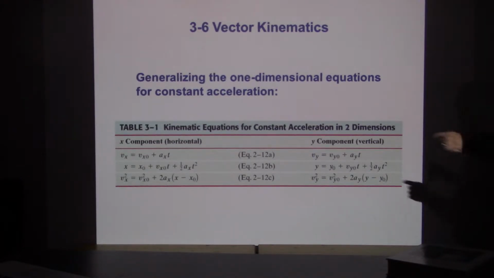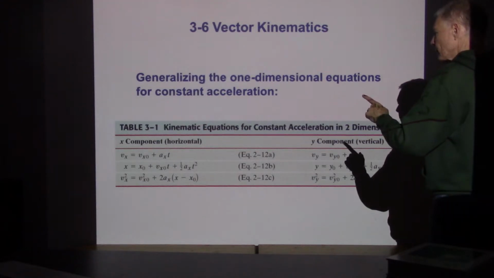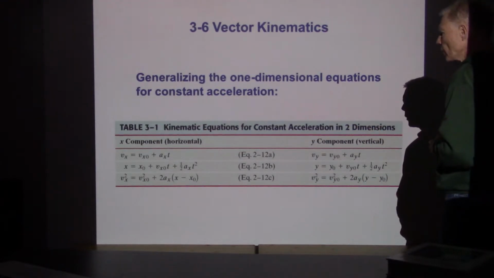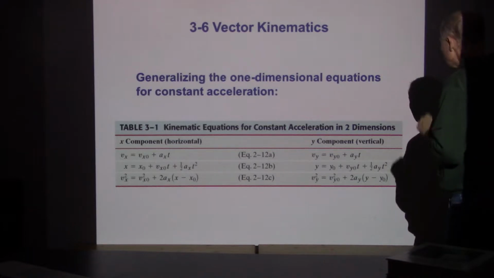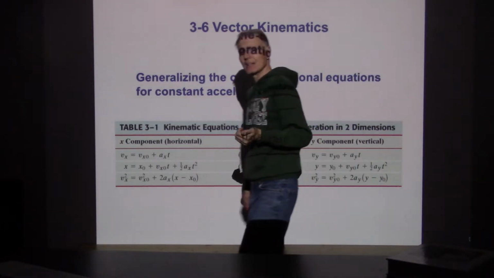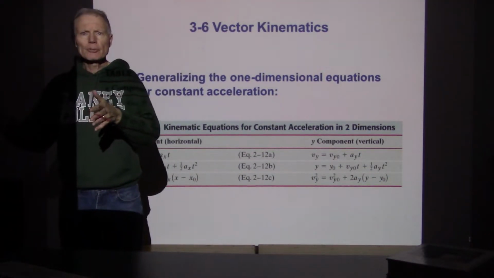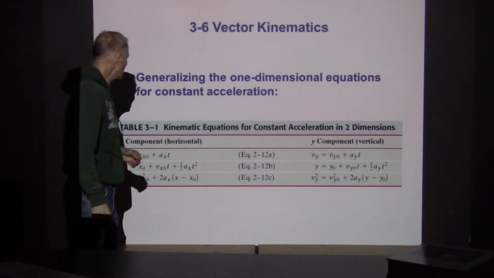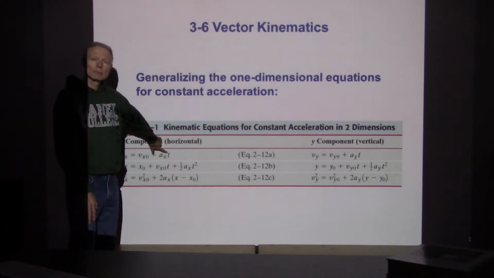What we have to do now is mash them up. What variable do they share that we could make use of? Notice, the only way to connect all of the y information and all of the x information is using time.